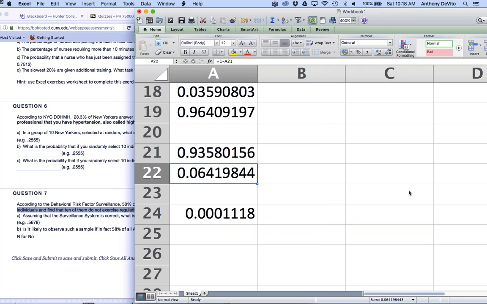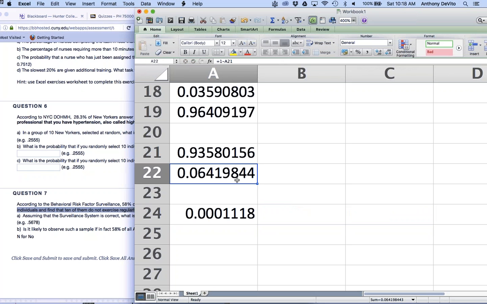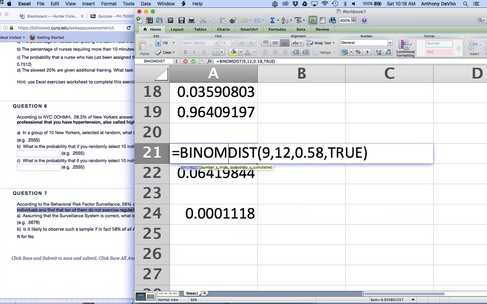What do you guys think? Did I put 9 instead of 10? Not here, right? 10 is right here, right? Oh, did I do something else wrong here? Let me go back up here. 0.258. Okay.